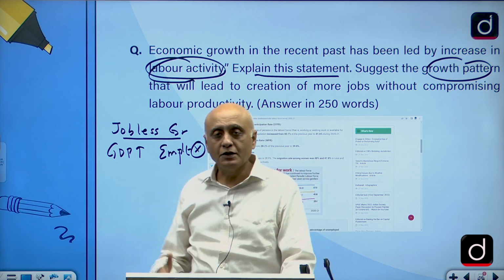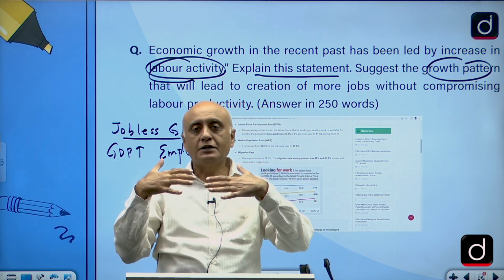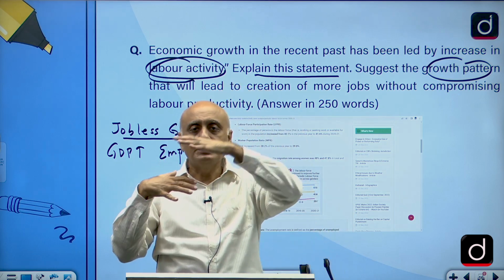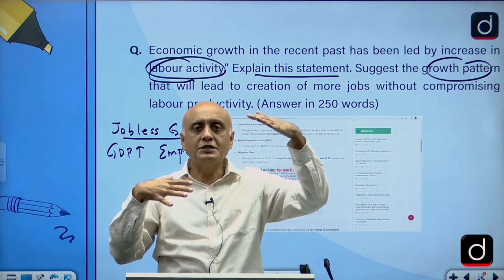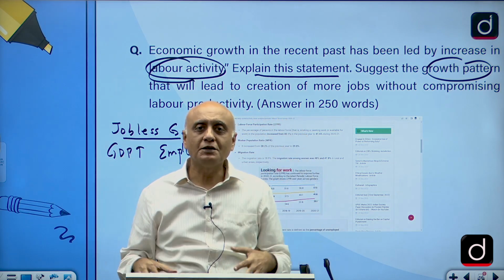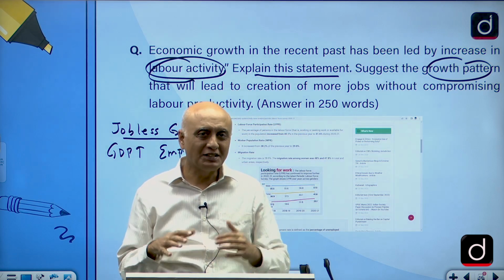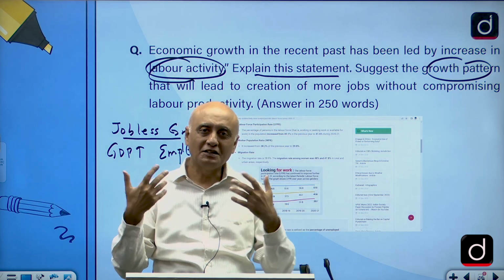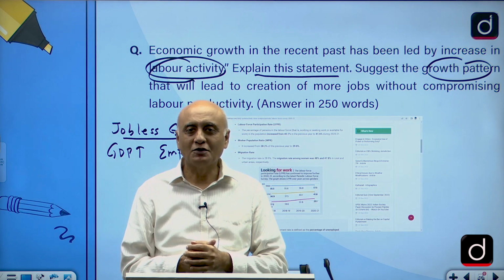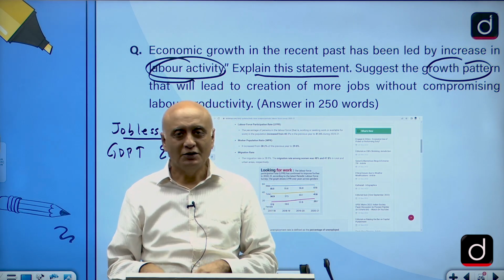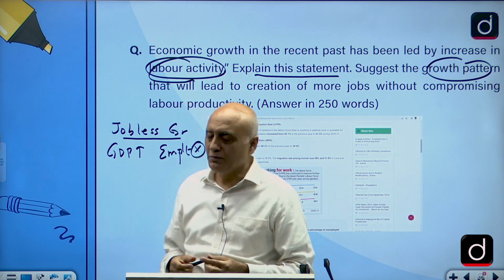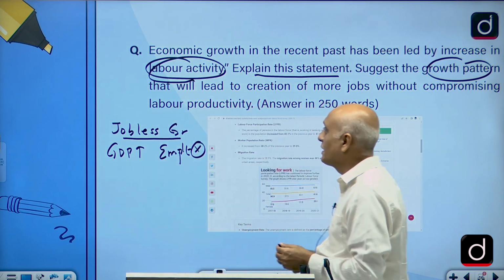When your growth is jobless, it means that GDP is increasing and the same number of people are producing that GDP. It means their productivity is increasing, their activity is increasing, their number is not increasing, but they are putting up more of the work. Are you getting my point or not? So same question asked in a different manner.